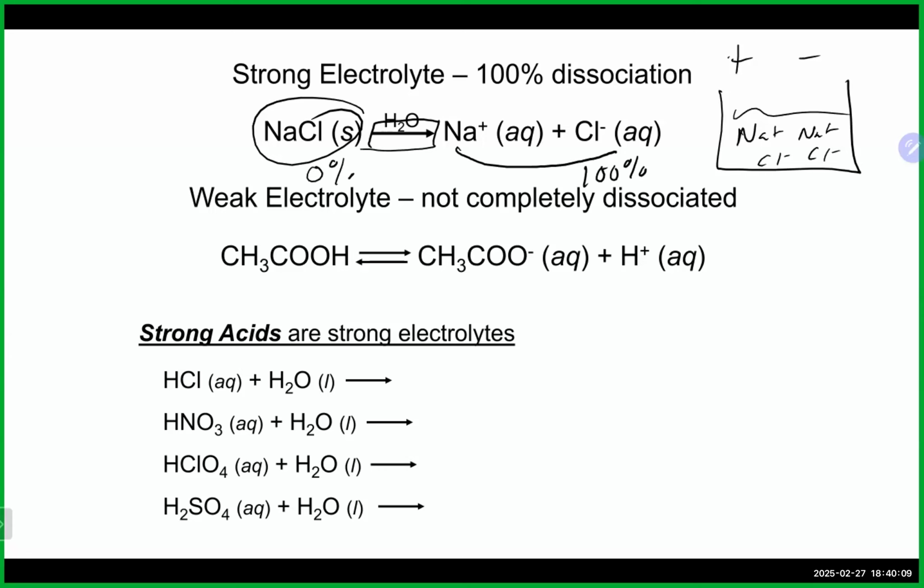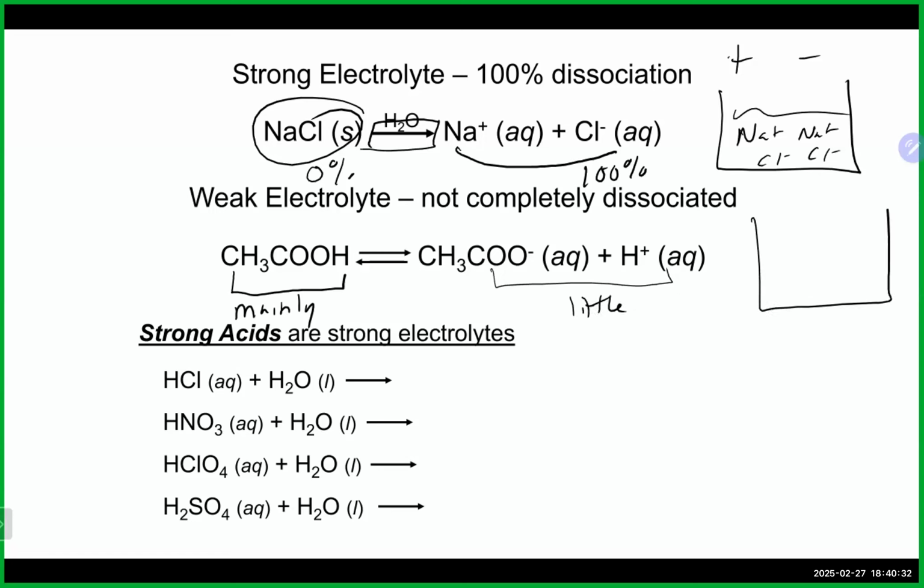Now, a weak electrolyte, on the other hand, is something that actually will stay together in solution, but will still break apart just a little bit. So different than a strong electrolyte, if you take something like acetic acid here, this will actually be mainly what you have in solution. You will have a little of these ions that are produced.